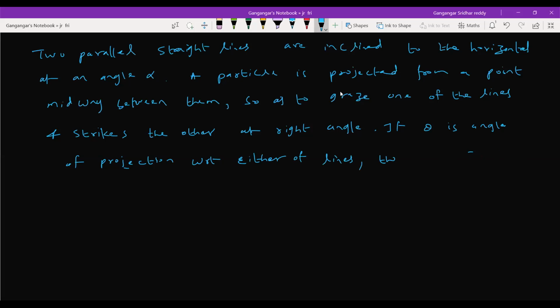Right. Then tan theta is equal to root of n minus 1 cot alpha. Find the value of n. Intentionally the diagram is not given because the student was supposed to assume the diagram also. Two parallel straight lines are inclined to horizontal at an angle alpha. Construct the diagram.